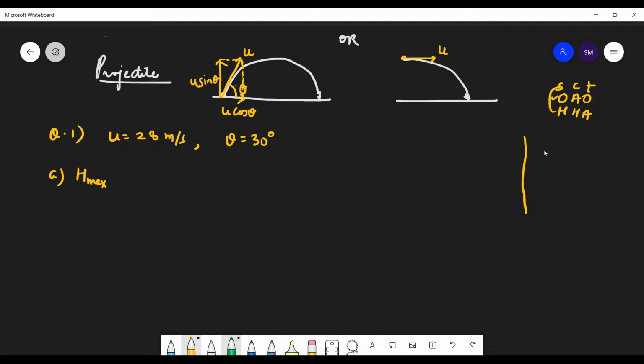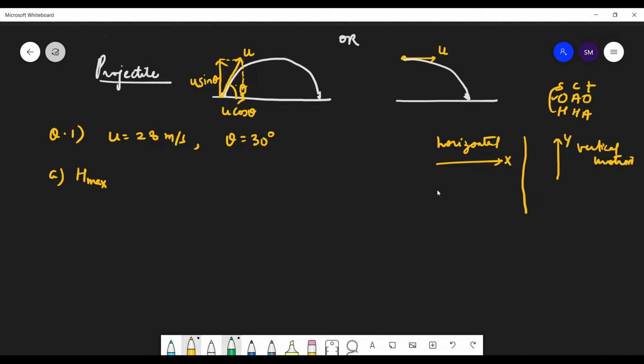For maximum height, students, as we have already discussed, we have two independent motions: horizontal motion along the x-axis and vertical motion along the y-axis. So these are two independent motions.